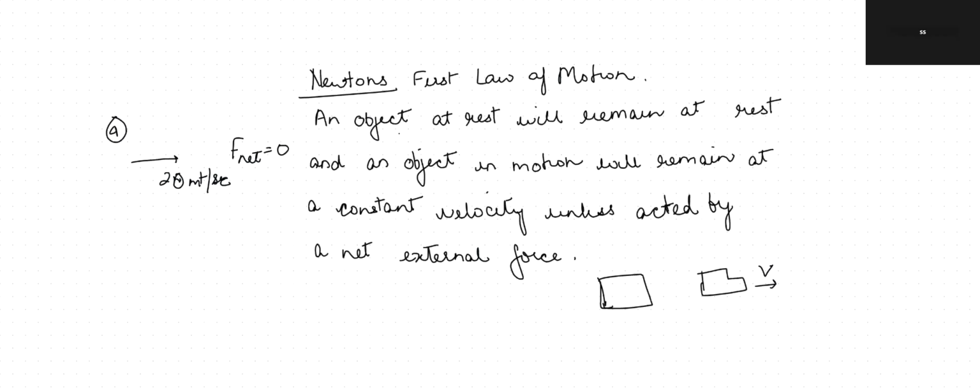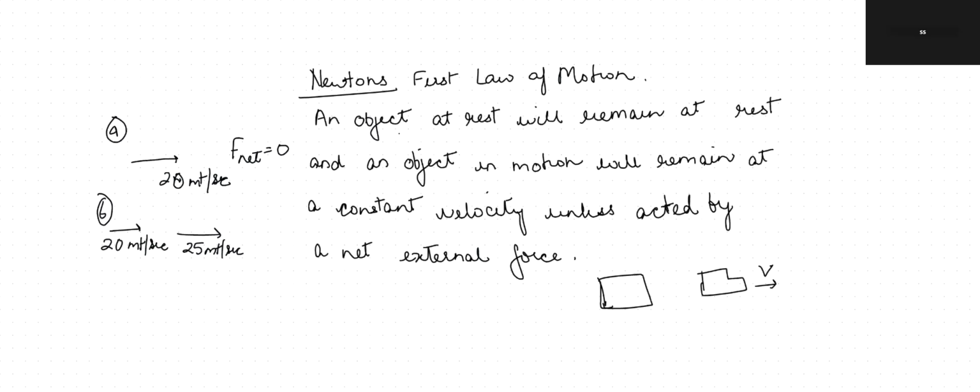But if the bus was moving at 20 meters per second and in a second it increases to 25 meters per second, then there is an acceleration because the velocity is no longer constant, though the direction is the same.